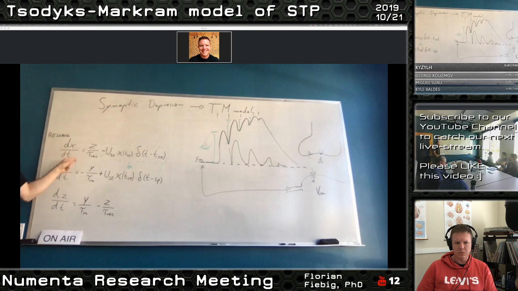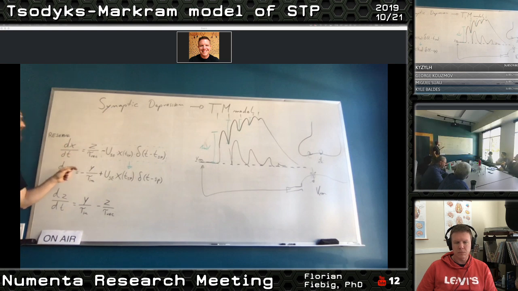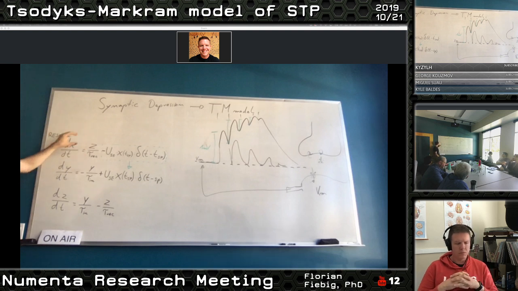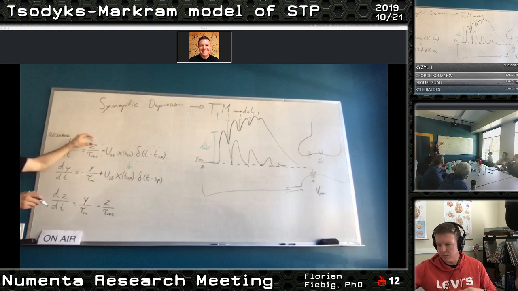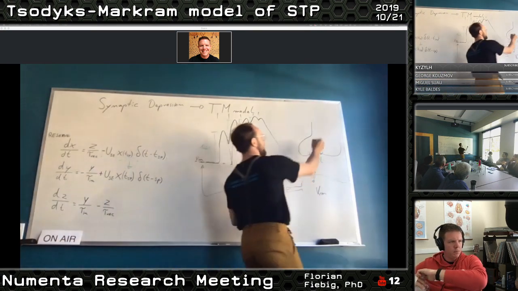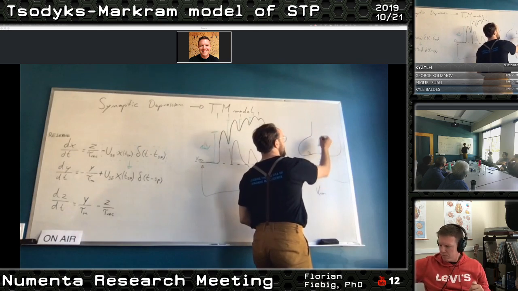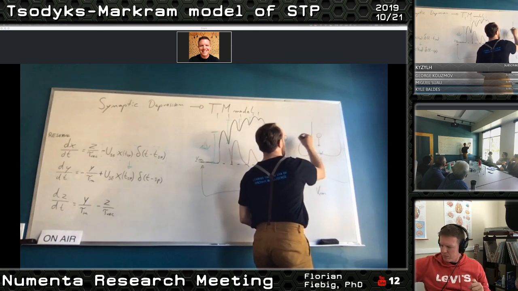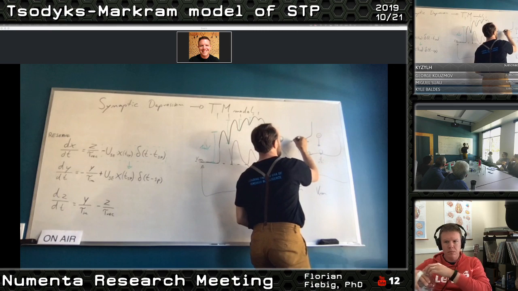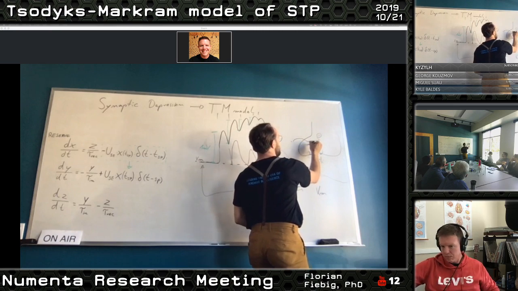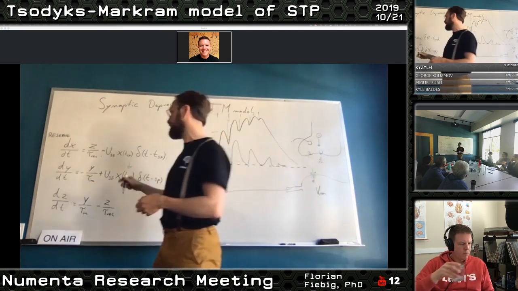So this differential equation, the idea is that you have some pool of inactive resources from which you can recover, because of course you get to replenish either from a background pool or even from recovering transmitter to put them into new vesicles. You get to replenish the supply of resources.